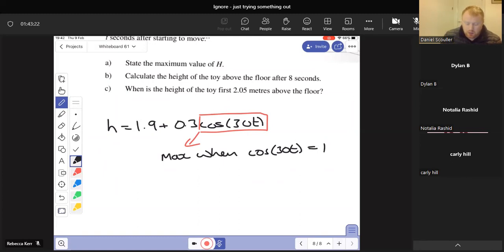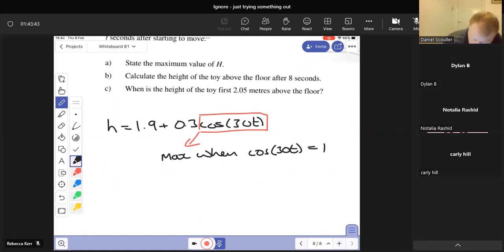Now, how is that the case when there's that 30 there? Well, remember that number in front of the letter changes the period. It changes how many waves, it doesn't change the amplitude. So it doesn't change the fact that the wave goes up and down. So we can swap that cos out and put the maximum in.